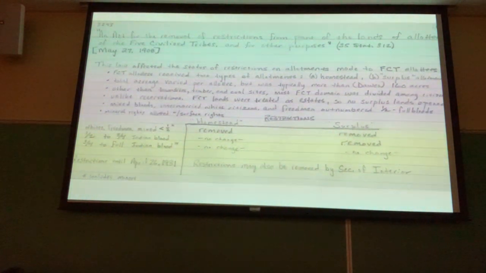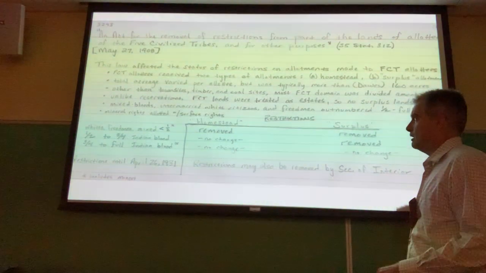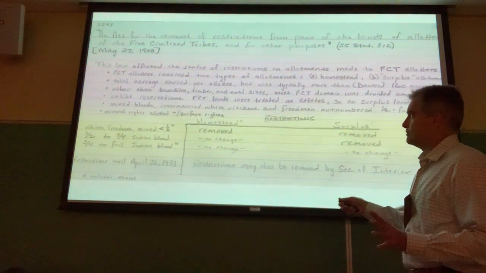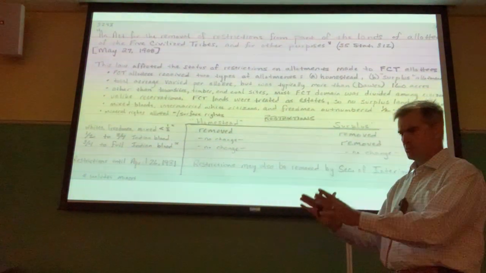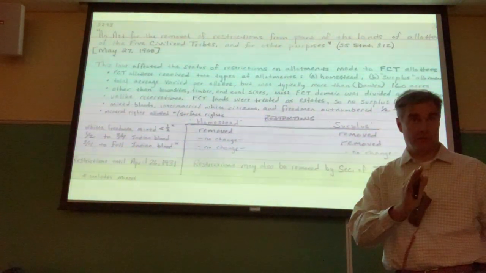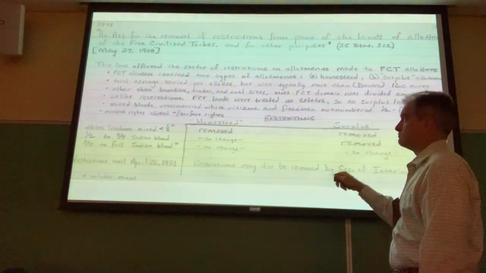Remember that? Because it was a share of the total estate rather than just a homestead, which is a little better deal, I think, you can say, for the 5 tribes. However, you know that the 5 tribes had these homestead allotments and these surplus allotments. So this law affected those.